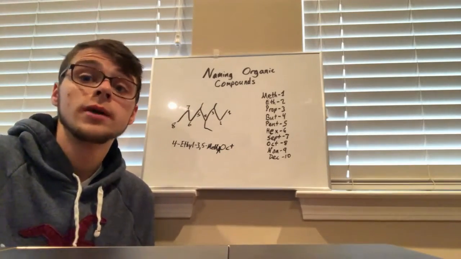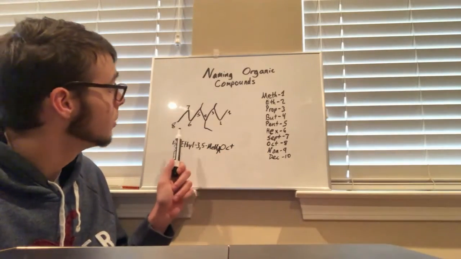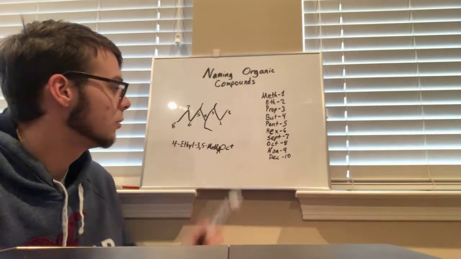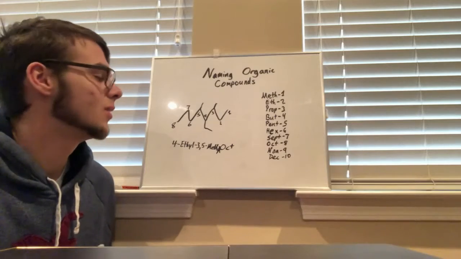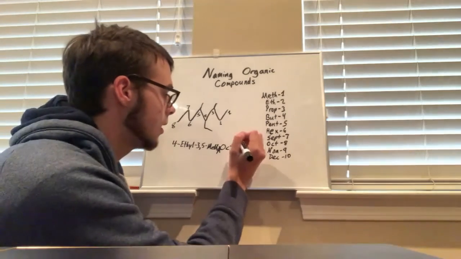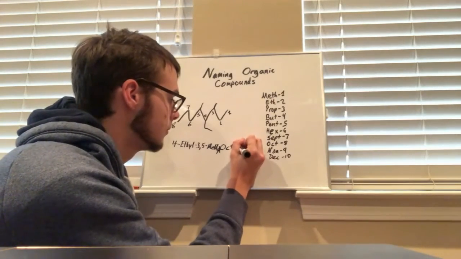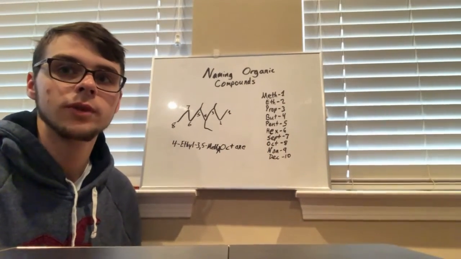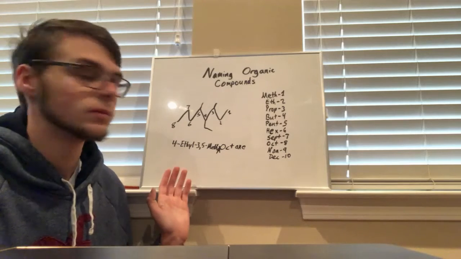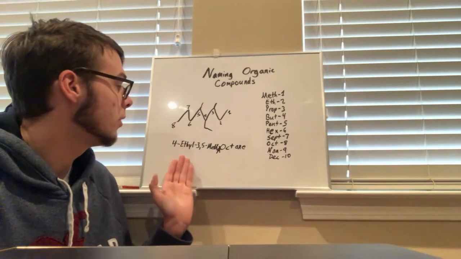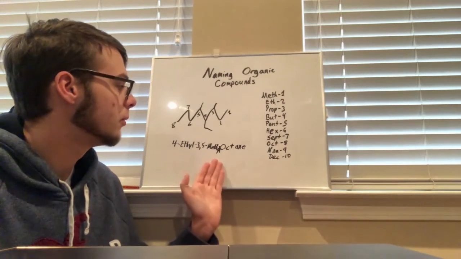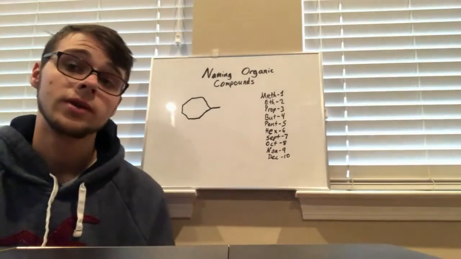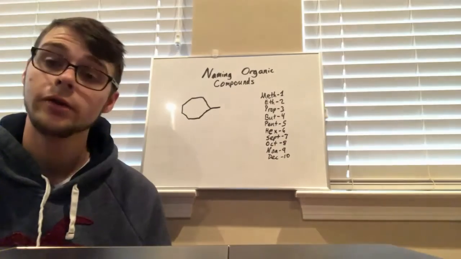And then we also have to check for single bonds or double bonds or triple bonds. And this is all single bonds, therefore this is an alkane. So, the final name for this is 4-ethyl 3,5-methyl octane.